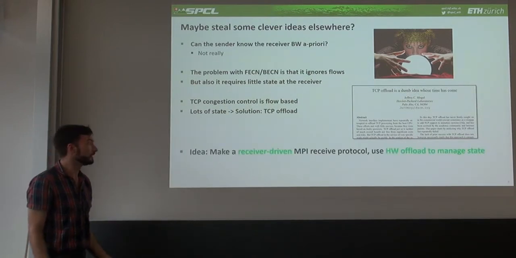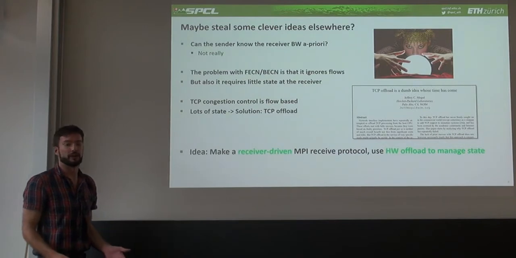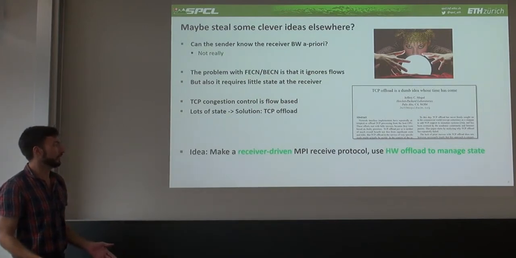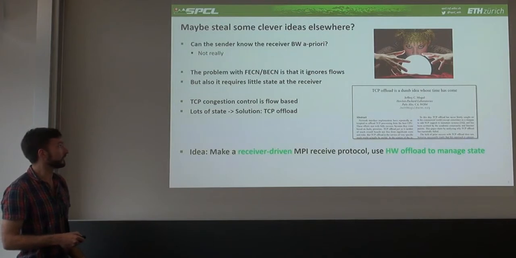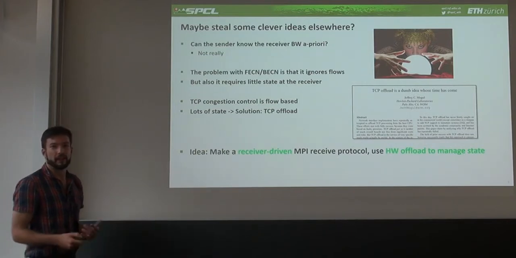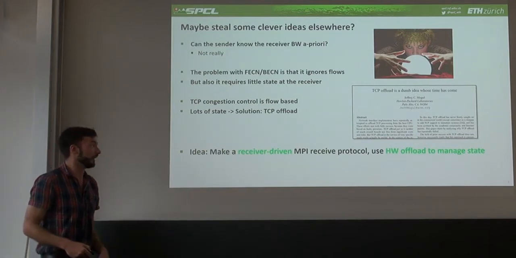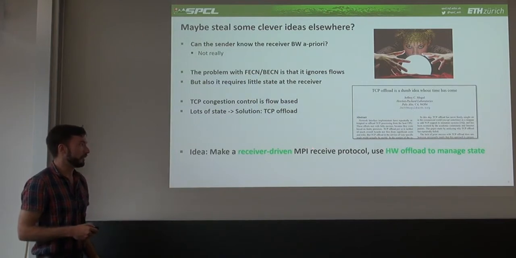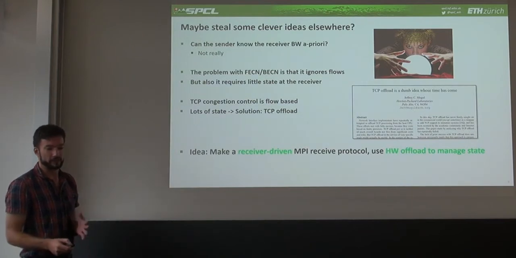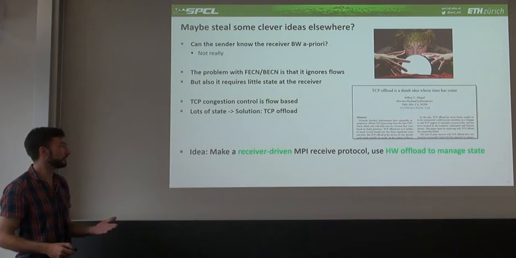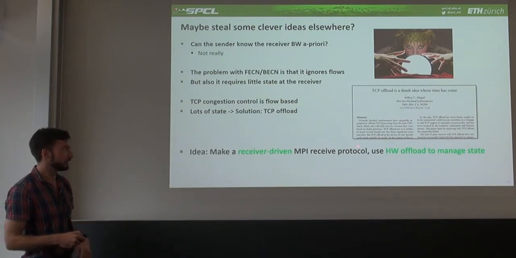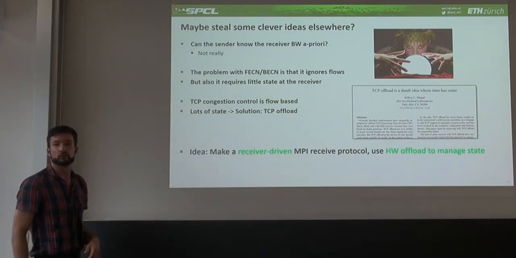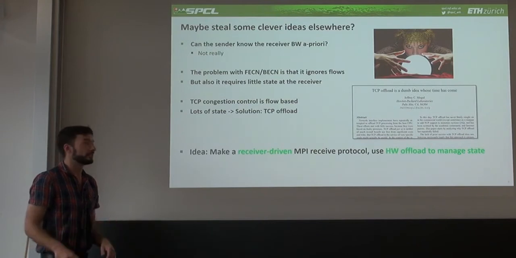So the idea is, can we do something similar for HPC networks? Can we implement a receiver-driven MPI protocol, because the receiver obviously has more knowledge about its bandwidth, and at the MPI level we actually know about the different flows? And can we use hardware offload to manage all that added state?